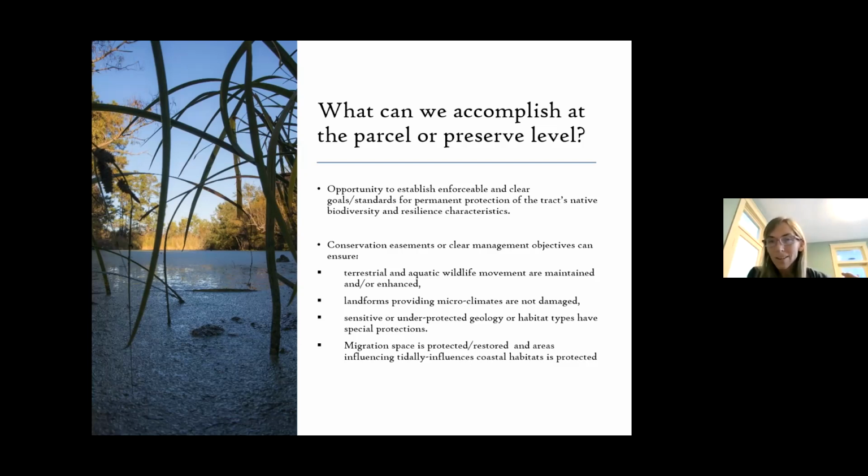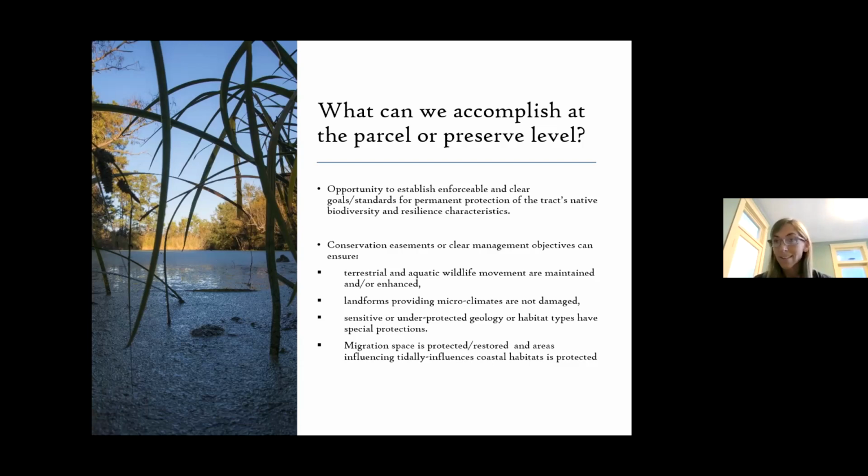So we know that there's the opportunity to establish enforceable and clear goals and standards in conservation easements that help to ensure that terrestrial and aquatic wildlife are able to move and be sustained on the properties that we have under easement, that allow for, again, landforms that provide microclimates not to be damaged, for sensitive or underprotected geology or habitat types to have special protections, and to protect migration space.